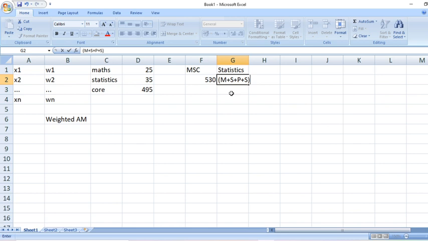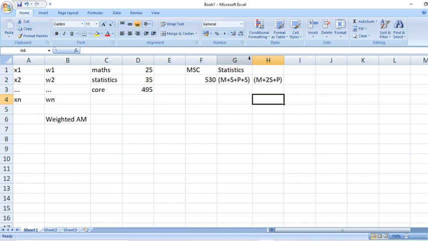Here the weight associated with the mathematics mark is 1, the weight associated with the statistics mark is 2, and the weight associated with the physics mark is 1. So this is an example of weights, of incorporating weights in the calculation of different index numbers.